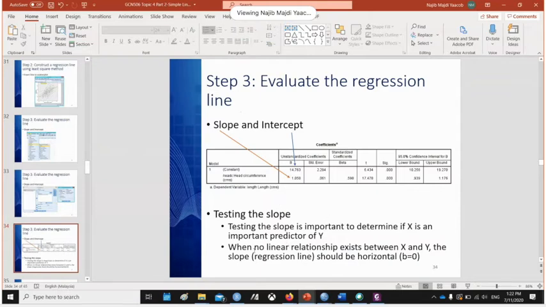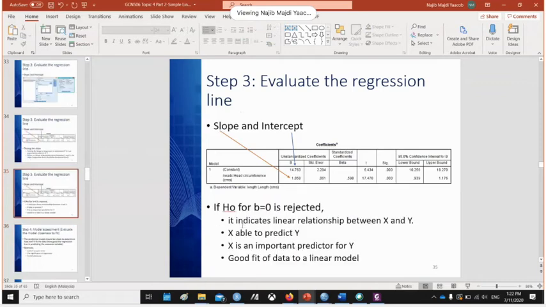When no linear relationship exists between X and Y, the slope should be horizontal. The beta should be 0. If the null hypothesis of beta is rejected, it indicates that there is a linear relationship between X and Y.